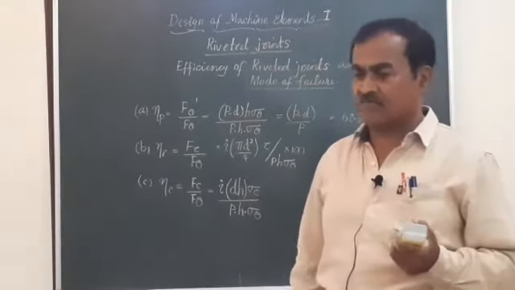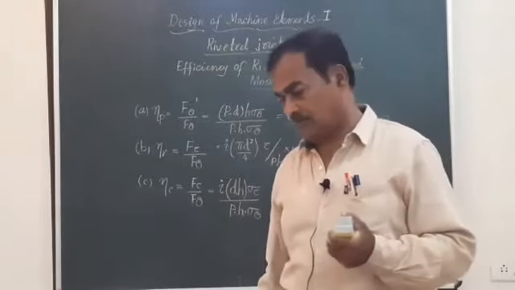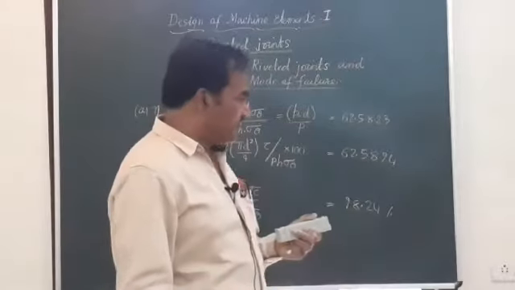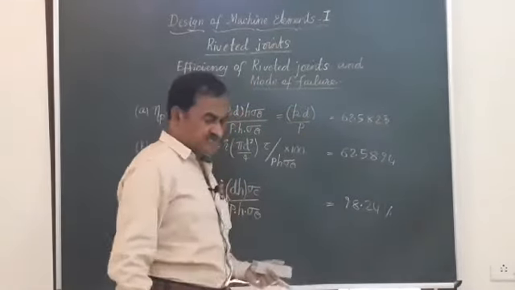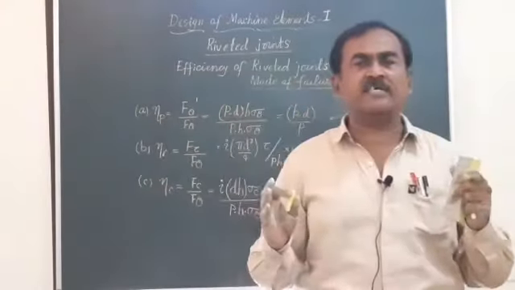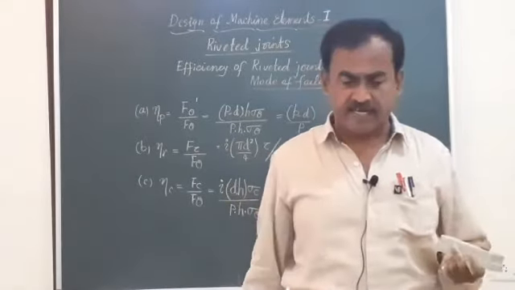My dear friends, I hope you all have followed the presentation made on how to calculate the efficiency of the joint and how to determine the mode of failure. Friends, a small piece of information is that you will not have to learn by heart any of these equations. All these equations are well defined. They are given in a tabular column in the data handbook, or machine design data handbook.